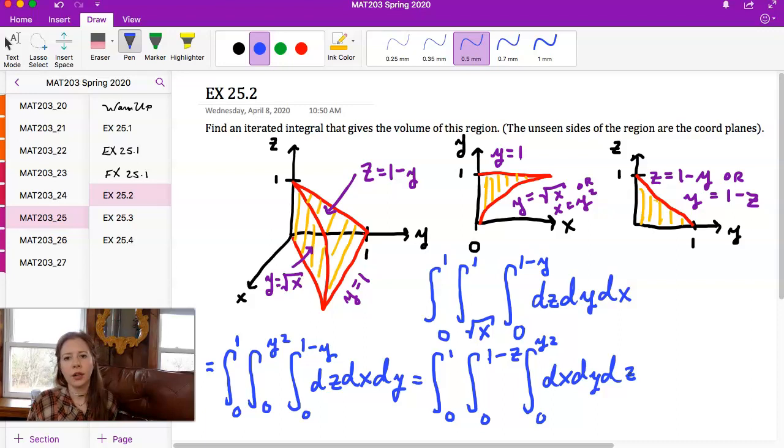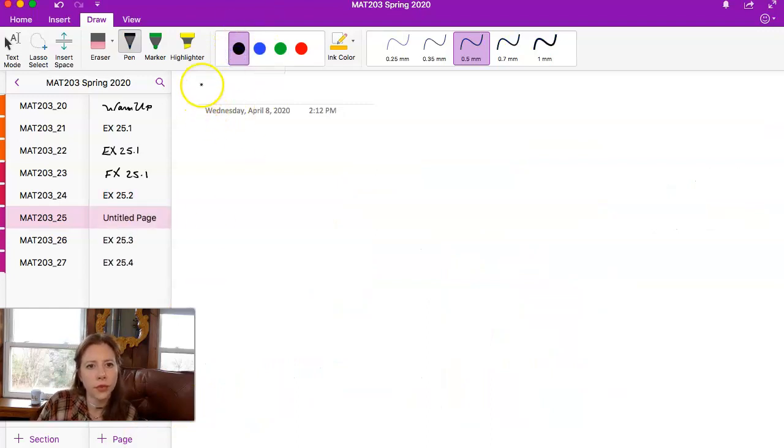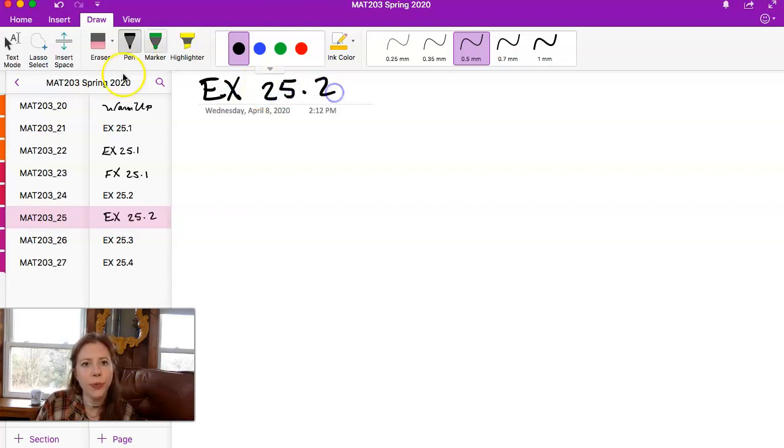Okay, now there are 3 more combinations we can do, so let's set those up next. Exercise 25.2. Okay, so some other combinations. Let's put dy on the outside, so that's going to go from 0 to 1.